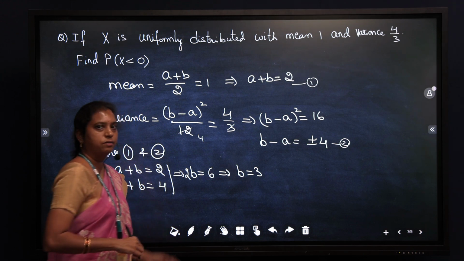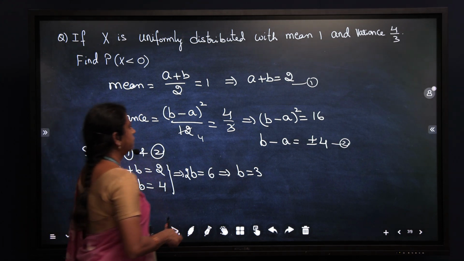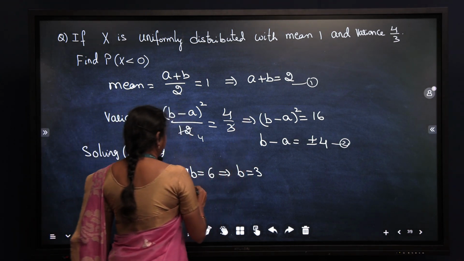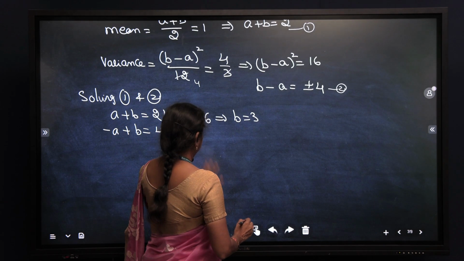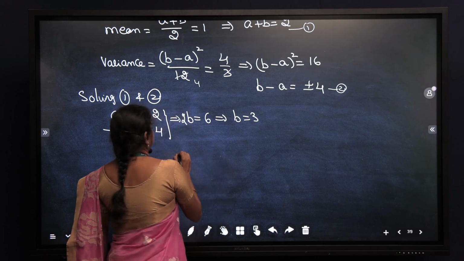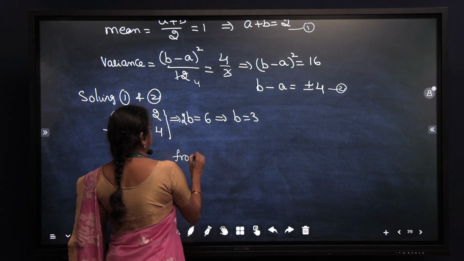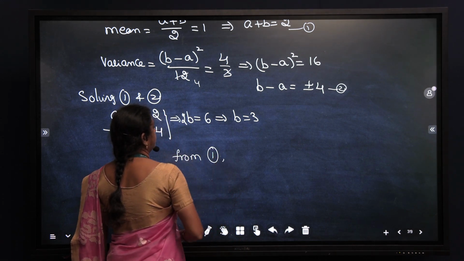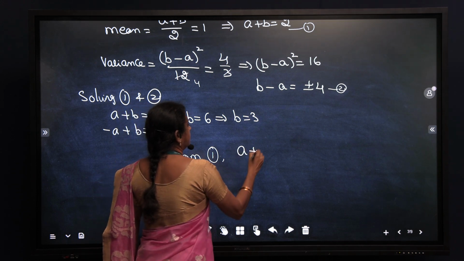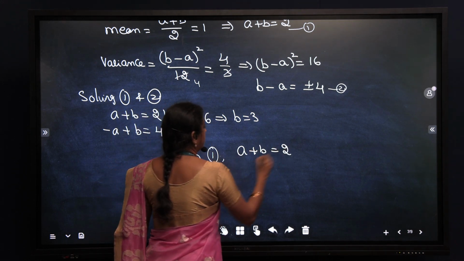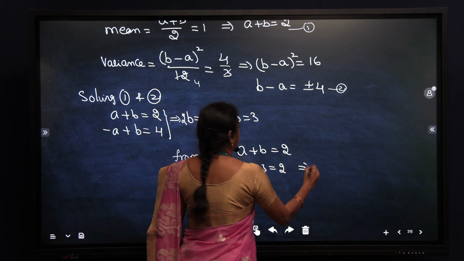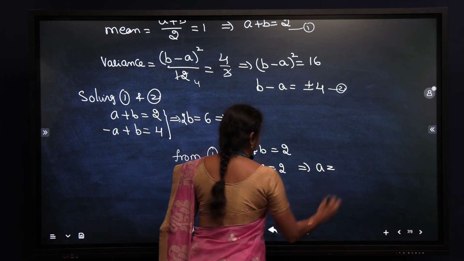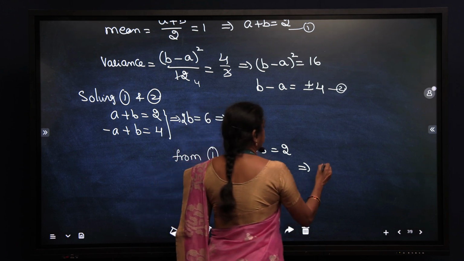Since b is equal to 3, we will use this and find the value of a. So from 1, we have a plus b is equal to 2. Now a plus 3 is equal to 2, which implies a is equal to 2 minus 3, which is equal to minus 1.